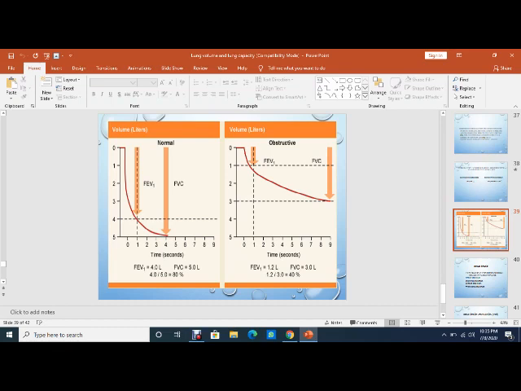When you take the lung volumes and capacities of the patient, this picture is recorded in the spirometry, and we diagnose the patient's respiratory condition, whether it is normal or maybe asthma or another disease.